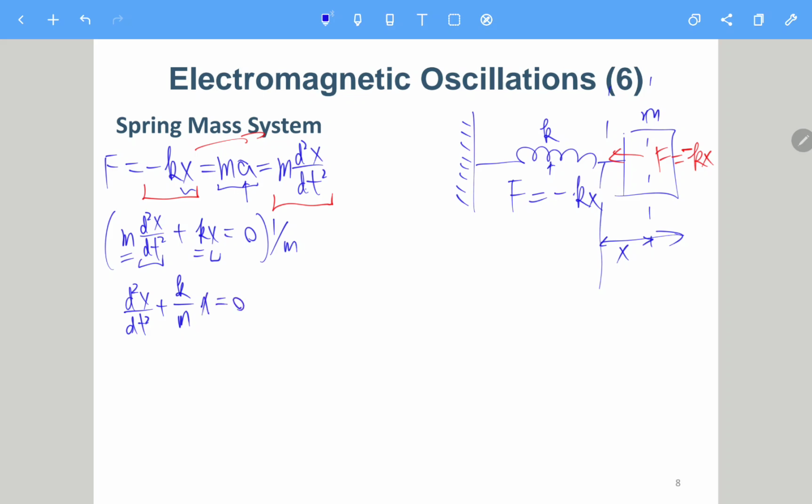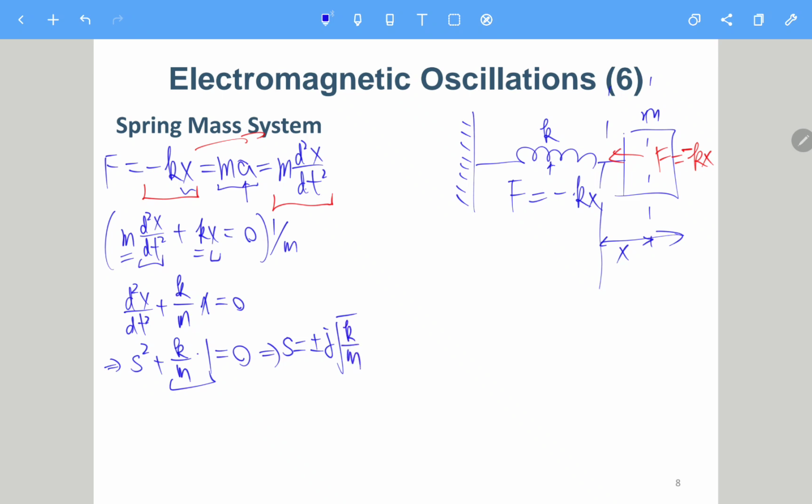Now we write out the characteristic polynomial. This is a second derivative, so we change it to s squared, plus k over m is a constant, and x, the original function, we change to 1, equals 0. Since k and m are positive, s squared equals a negative value, which means s is plus or minus j times square root of k over m.